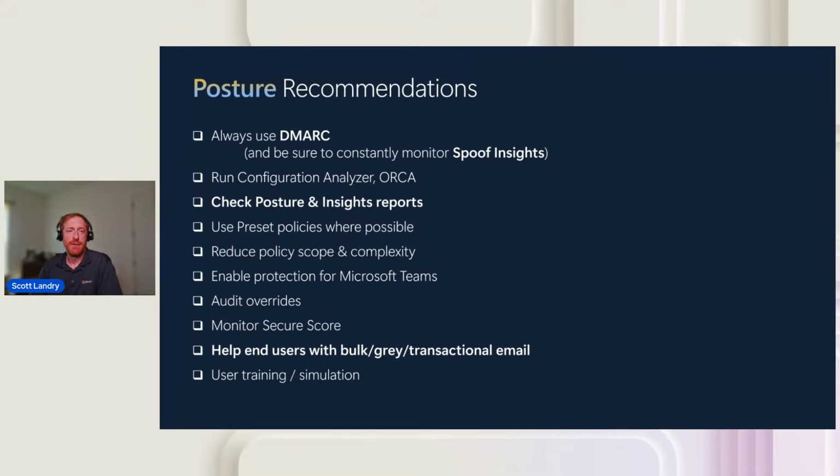And the theory goes something like this: if you reduce the bulk gray transactional email, the things that the users would like to complain about, then theoretically it also starts to reduce the signals that are coming into your SOC. Basically the user's telling you that, hey, I got this message and I didn't want it. That's not actionable to the SOC, right?